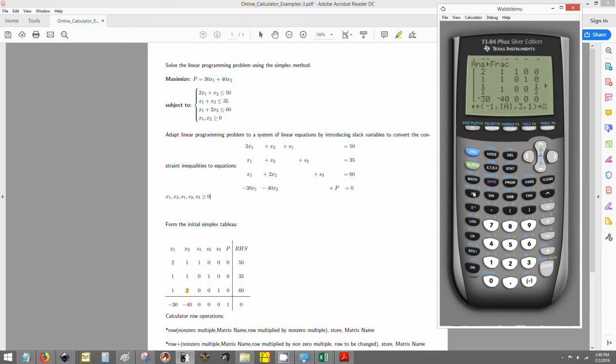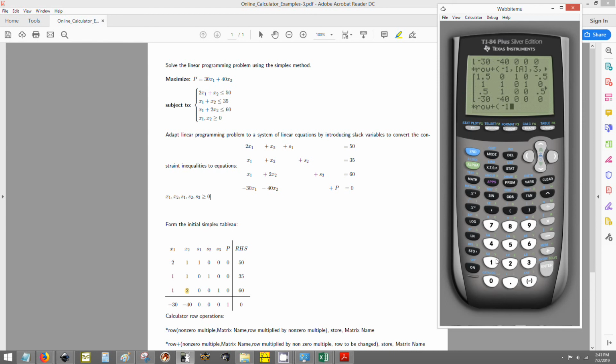By the way, if you do it this way, you have to go in order. In other words, I can't go and do more operations, because it's storing it at each one. So that gets me that 0 there. Now we'll do the second row, second column position, to get that 0. So we'll go back to matrix, go to math, multiply row add.